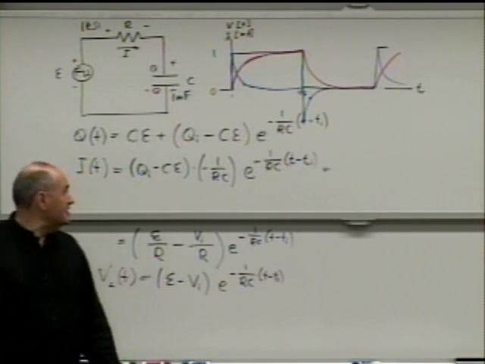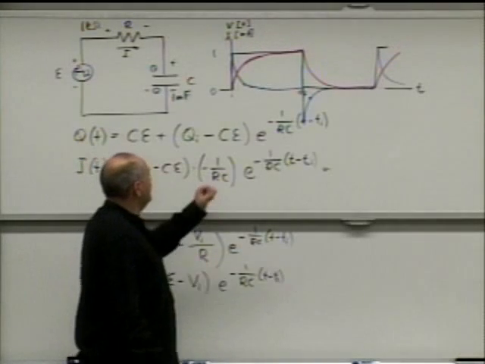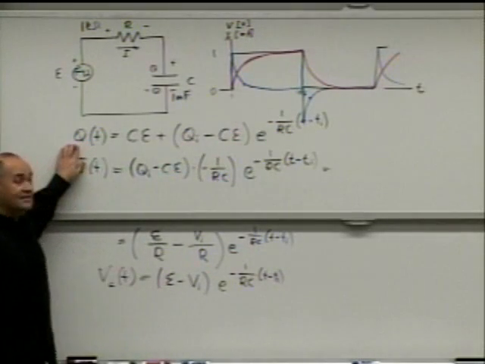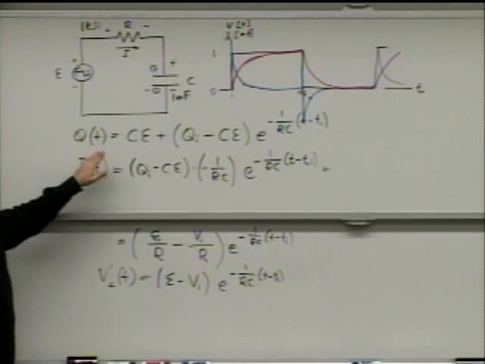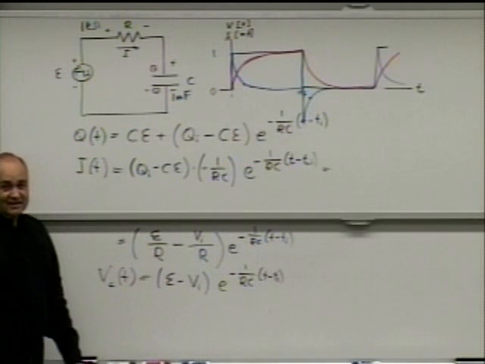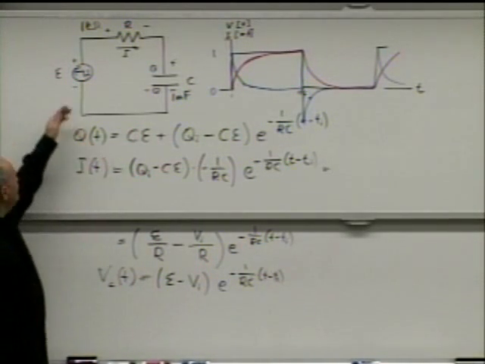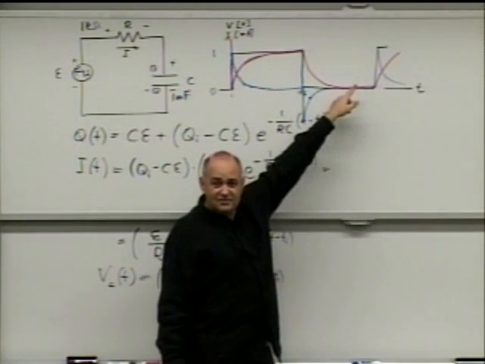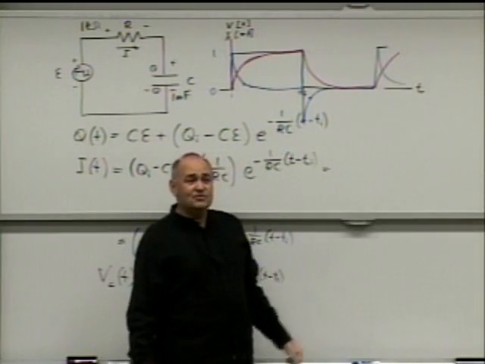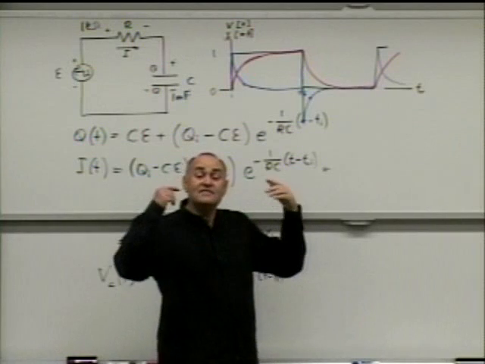And so in principle, I could solve a problem in such a way that I could divide this function by capacitance. This gives me potential difference across the capacitor, and then from the function representing electromotive force in the circuit, I can subtract the potential difference across the capacitor and get what?